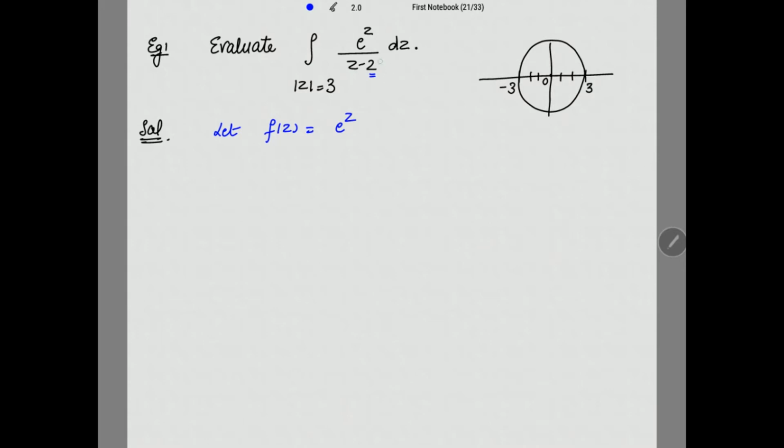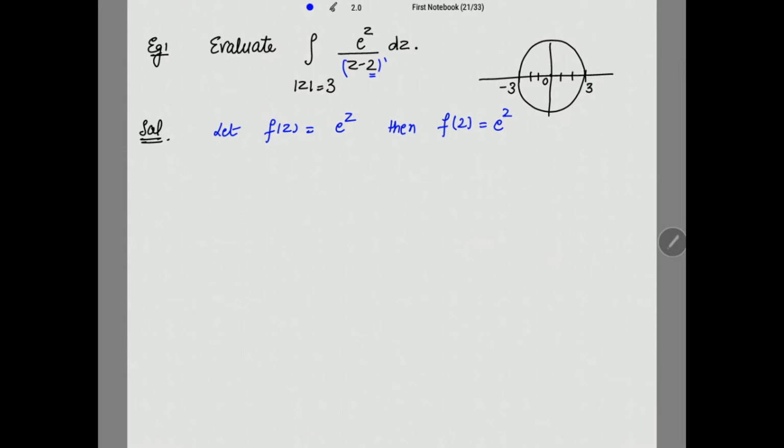Now here the power is 1, so only Cauchy's first integral formula is used. So your f of z is e to the power z. Then what is f of z naught? That is f of 2. Put 2 over here, this is e square.